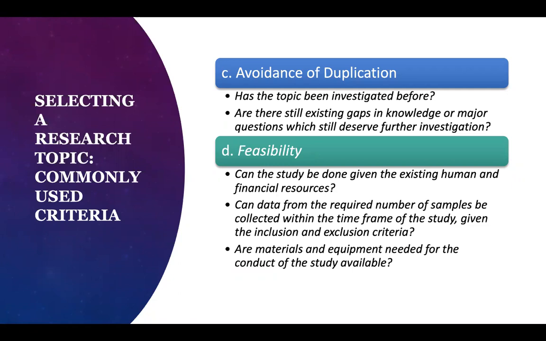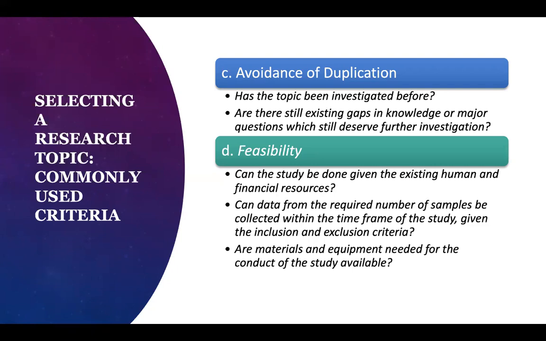But of course, there are also topics that have been explored in one area or one setting, but you want to investigate if this problem or concern is applicable in another area. Like for example, if the study was conducted in the hospital, would it be applicable in the community setting? So that is not a duplication because the setting changed.